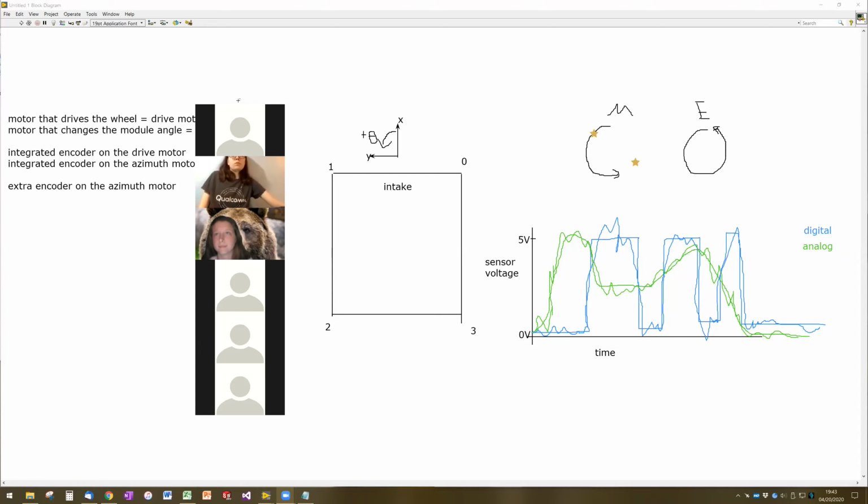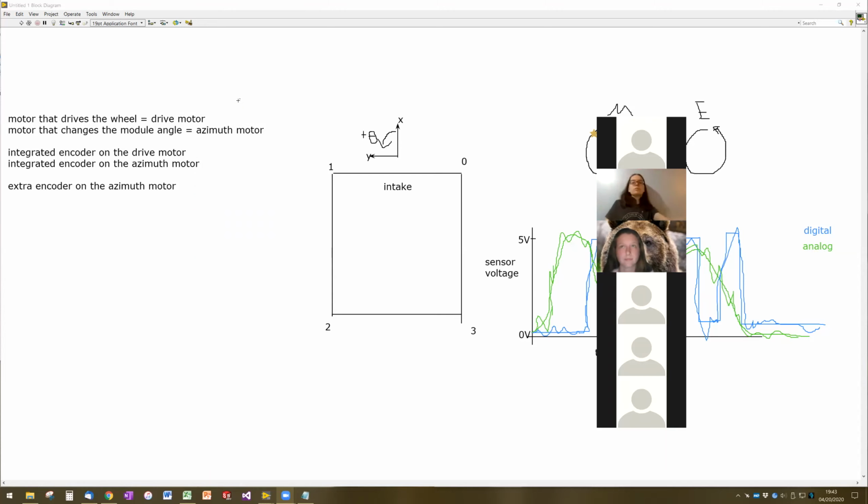So let's see. The last thing to mention here is the other sensor that we need to control the robot with a Swerve drive.